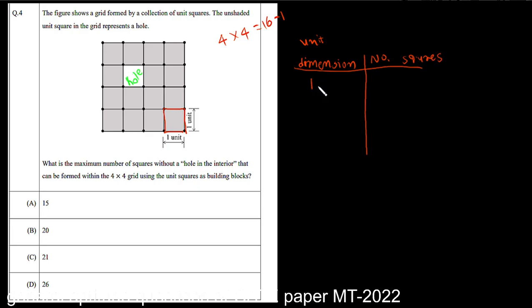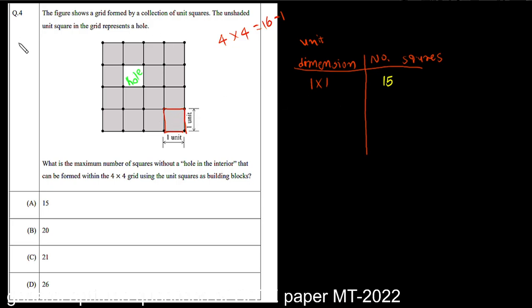Let's start the dimension with 1 unit cross 1 unit. Simply we are counting the smallest square that we can get from this figure, and this smallest square is nothing but 1 unit cross 1 unit. So now we are getting 15 squares of dimension 1 cross 1.